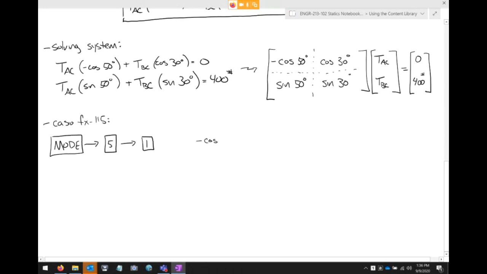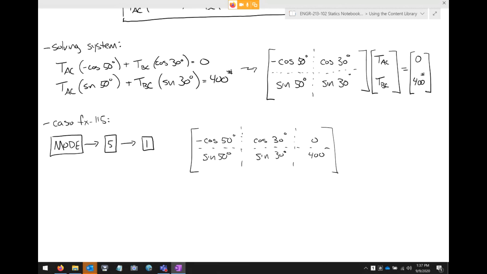You're going to enter negative cosine 50, cosine 30, and then 0, and then sine 50, sine 30, and then 400. This probably goes without saying, but make sure that your calculator's in degree mode, unless you want to convert those angles to radians.